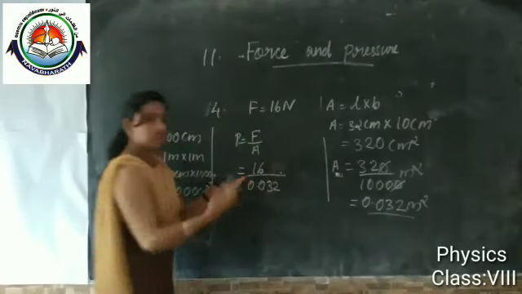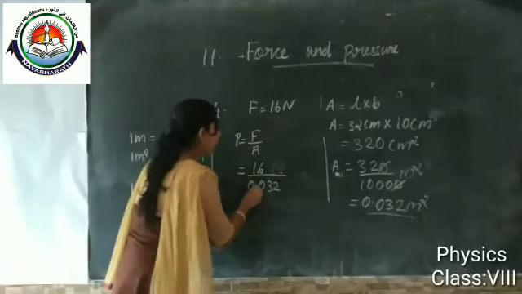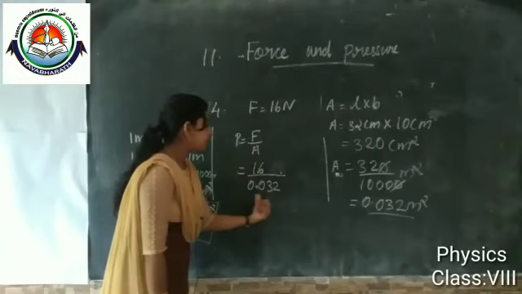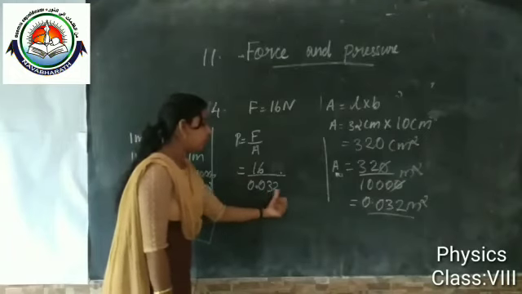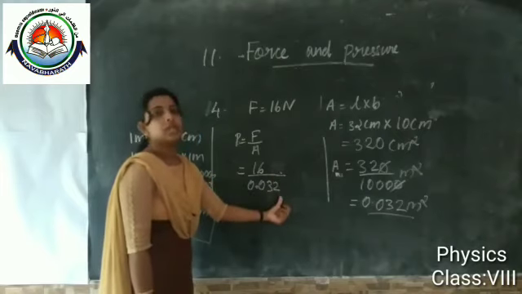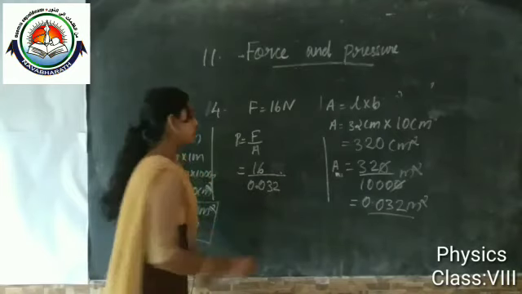So we have to solve it. How can we solve? Looking at the decimal places, 1, 2, 3, we have to multiply both sides by 1000 to remove the decimal.